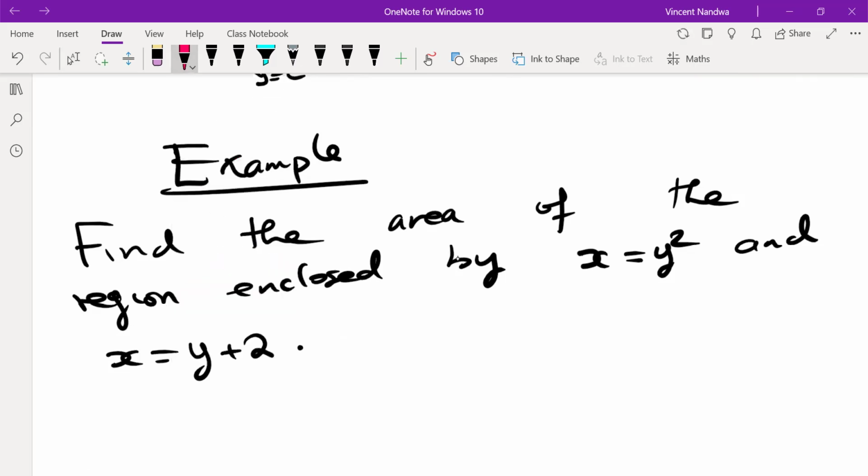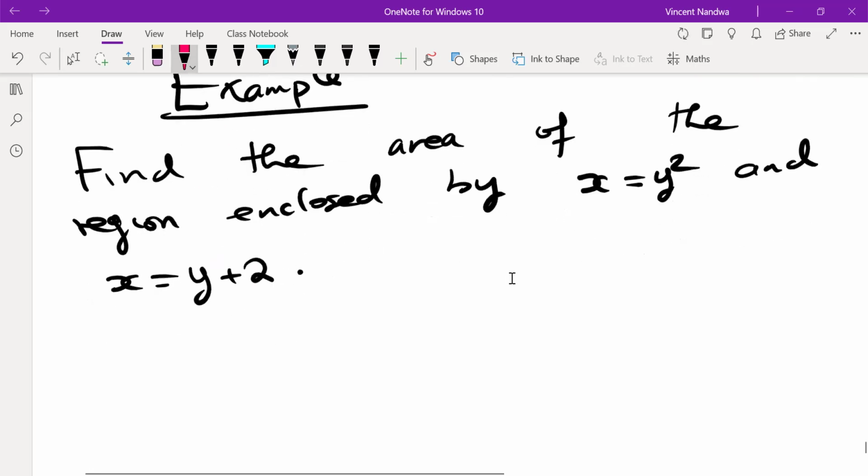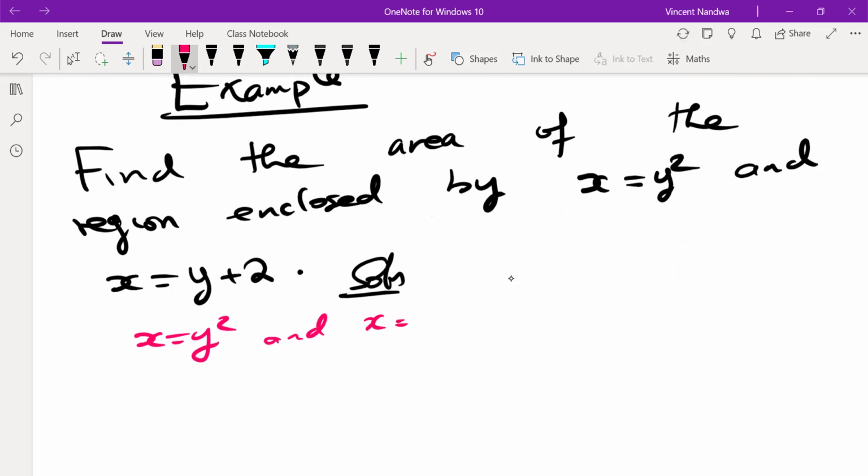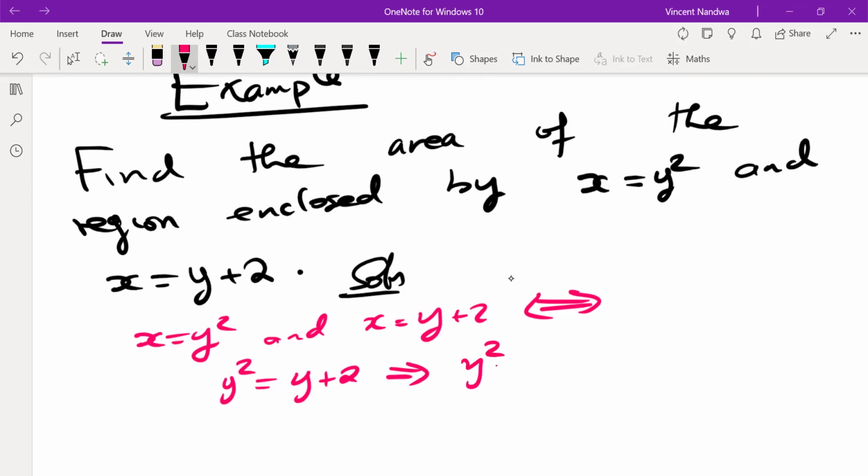Sometimes the limits, like in this case, may not be directly given to you, but you should be able to get them. So for example here, for the two graphs, x equals y squared and x equals y plus 2 implies that y squared should be the same as y plus 2, which tells us that y squared minus y minus 2 equals 0.